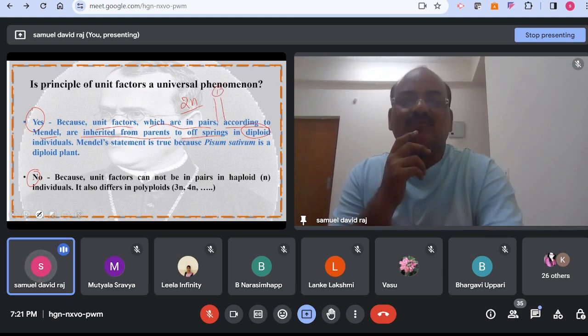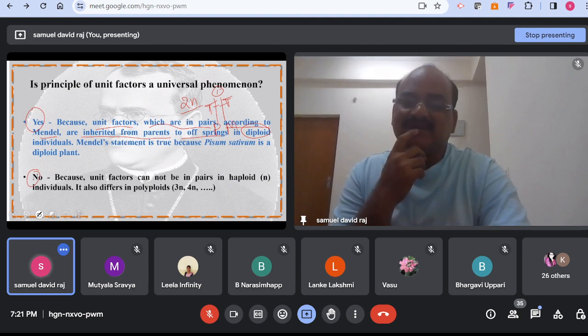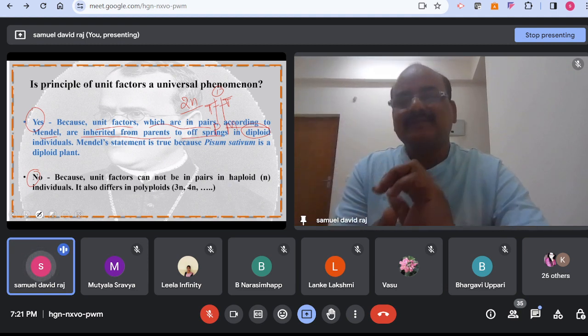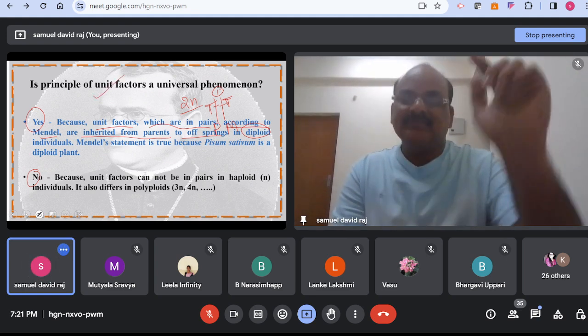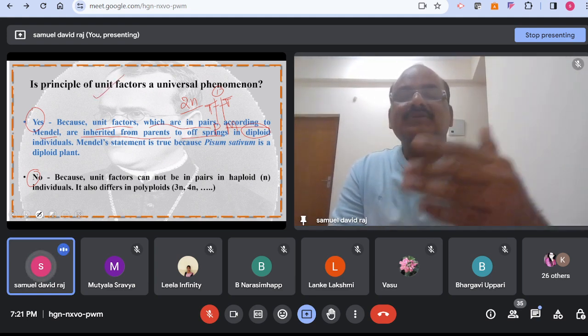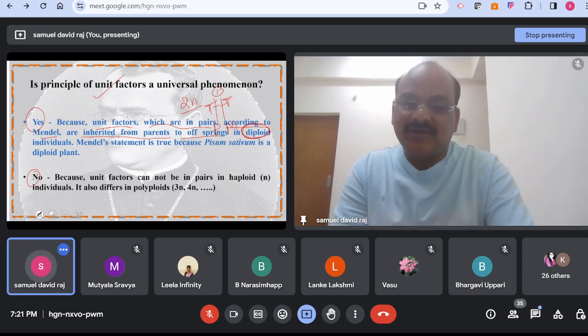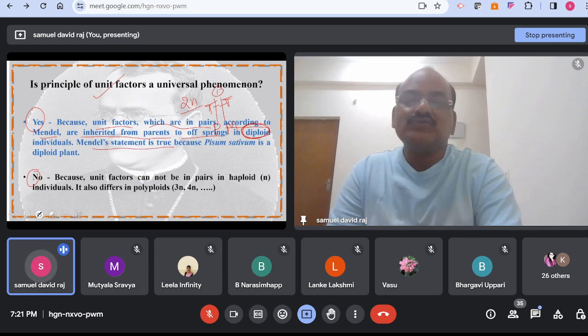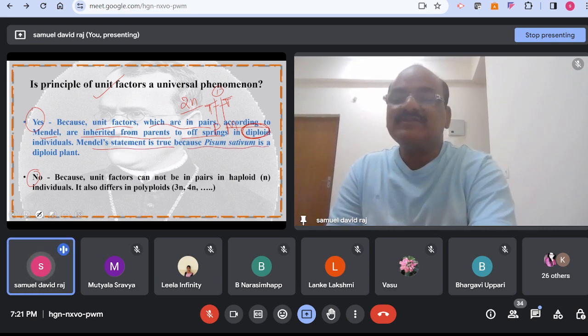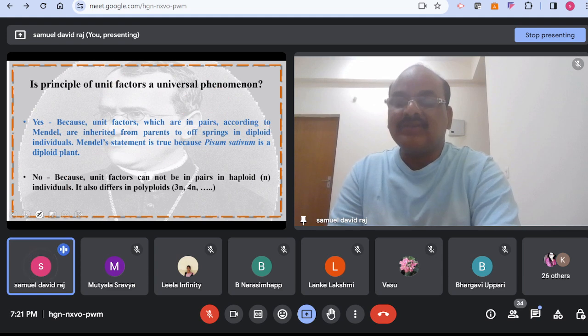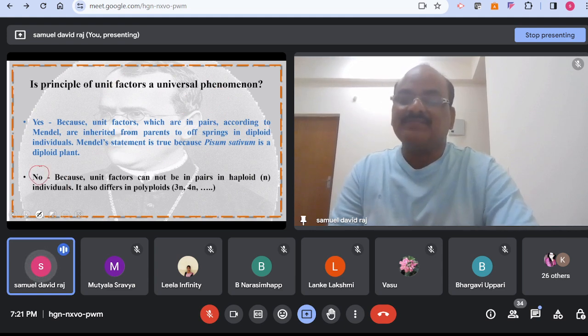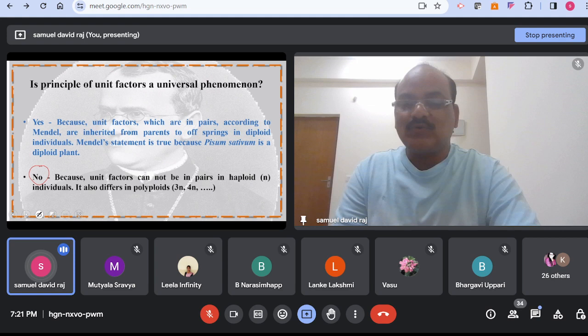Thus, there is a pair of chromosomes, and these carry two factors, one from the father, paternal, the other from the mother, maternal. So for Mendel, this is universal because it holds for diploid individuals. Mendel's statement is true because Pisum sativum is a diploid plant, but actually it is not universal. Our answer is no.